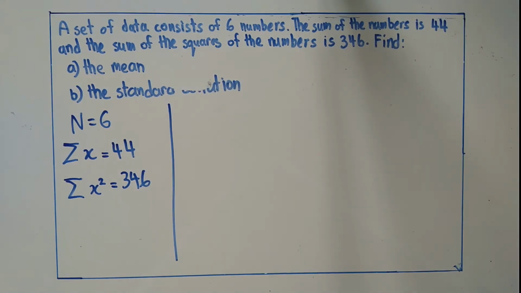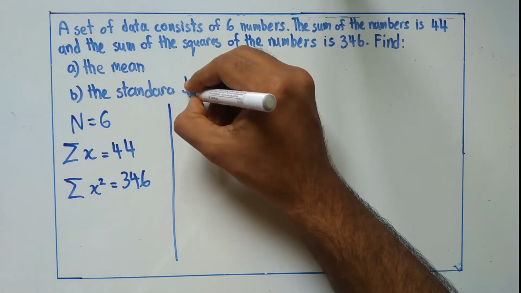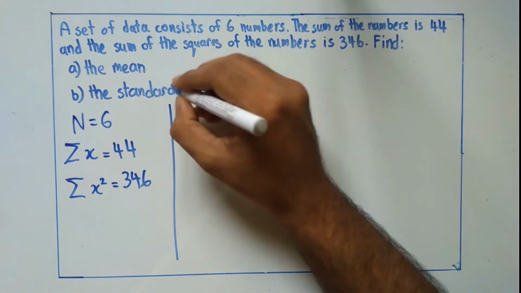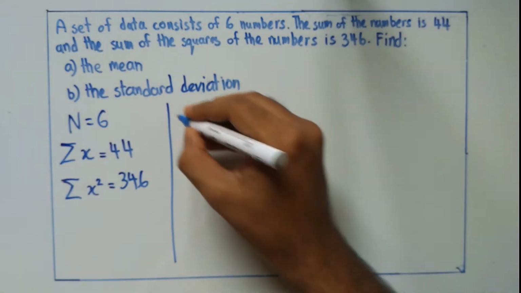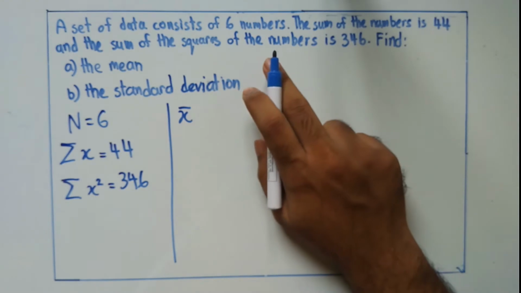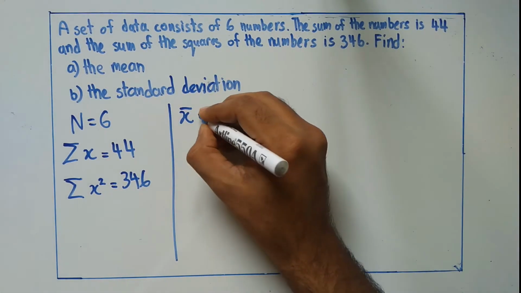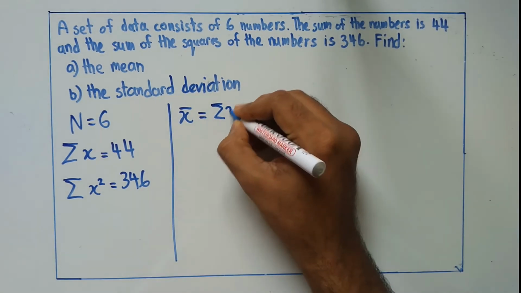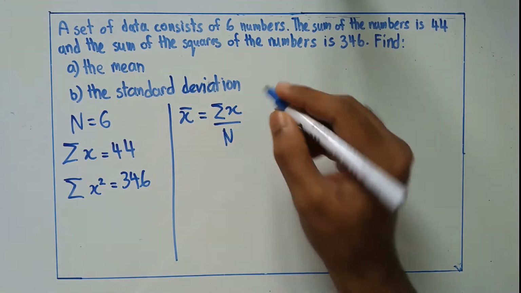Let's find the mean. The mean is basically x bar. It is the average of the total dataset. To calculate the mean is the sum of the numbers divided by the number of terms.